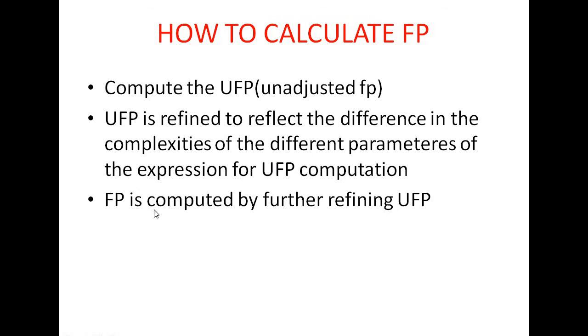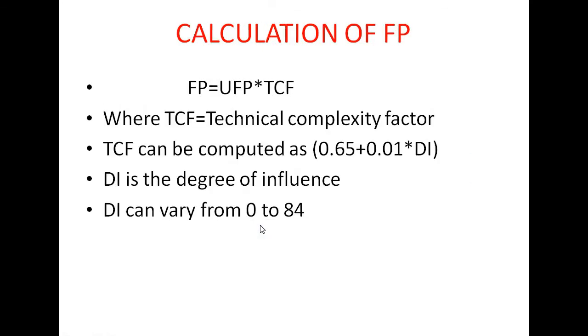Then how is FP calculated? In the last step, function point is calculated. How is this calculated? FP can be calculated by multiplying UFP, whatever UFP you got from the previous step, into TCF. The main point is what is TCF. TCF is nothing but technical complexity factor.